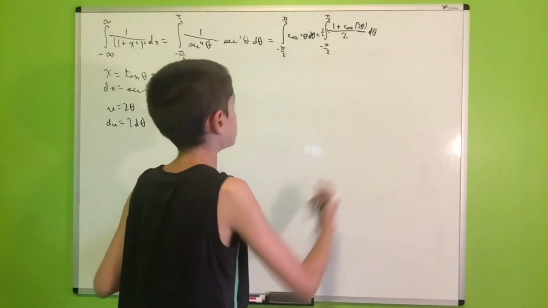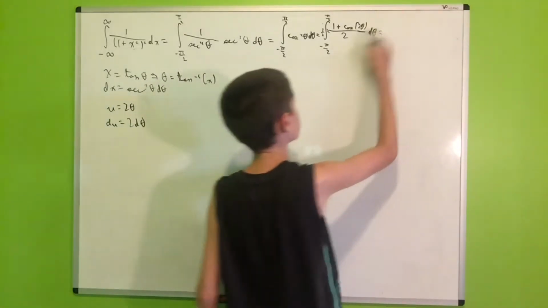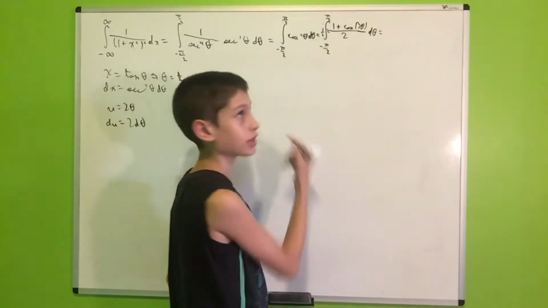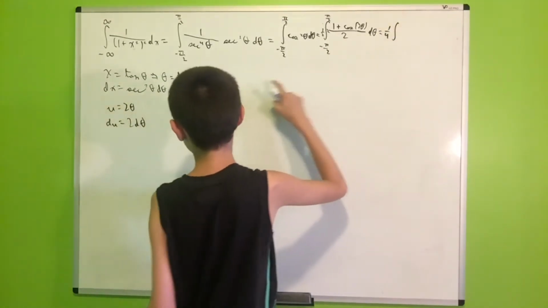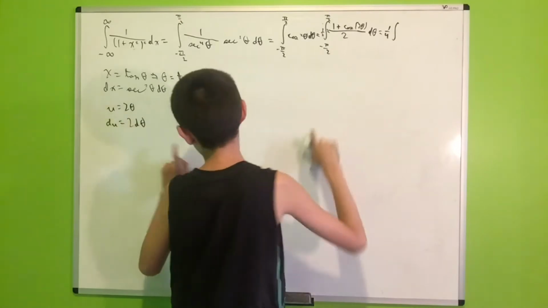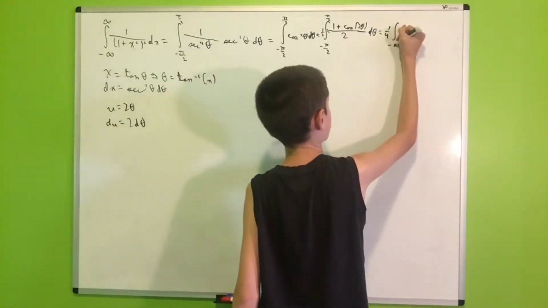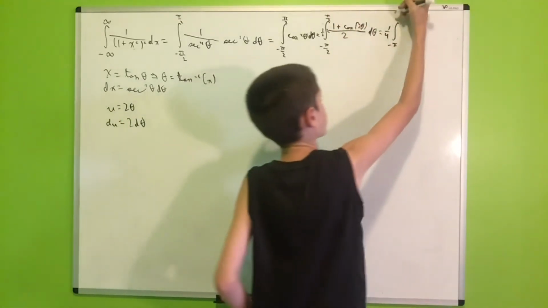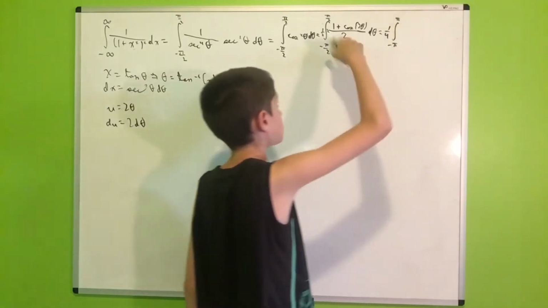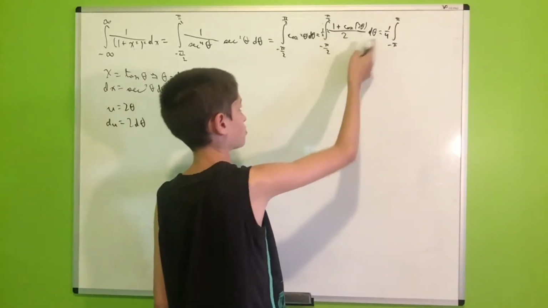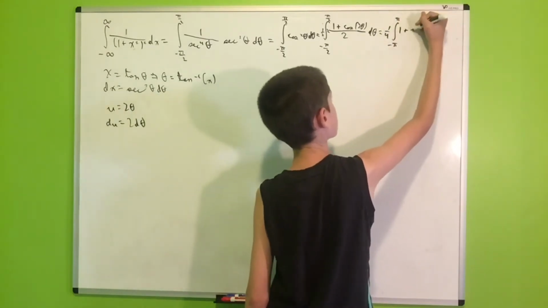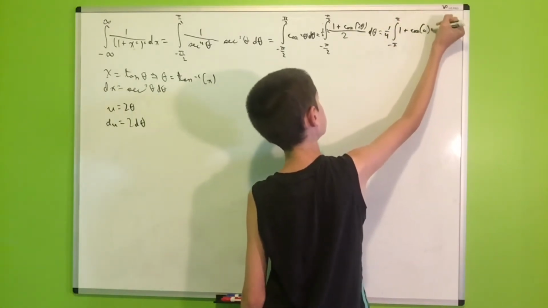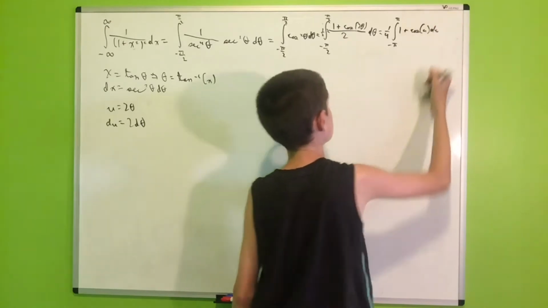So now, let's see. We have the 1/2 and the 1/2 right here combined to make 1/4. And then our bound, negative pi over 2 times 2 is negative pi. Same thing with pi over 2, we get pi out of this. And then our 2 theta will be simply our u, and d theta becomes du. So we will be left with 1 plus cosine u du.